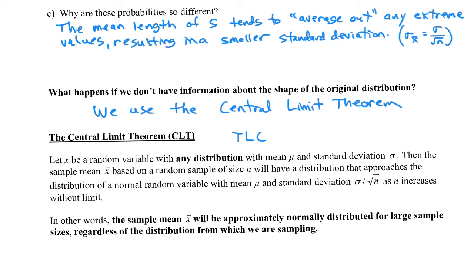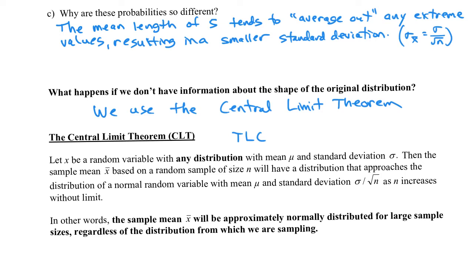So for this one, if we let x be a random variable with any distribution, and that's kind of the key, any distribution at all, it's not like Theorem 6.1 that says, well, we are starting with a normal distribution. This one's saying x is a random variable with any distribution at all. Maybe normal, maybe not normal, maybe we don't know what it is.